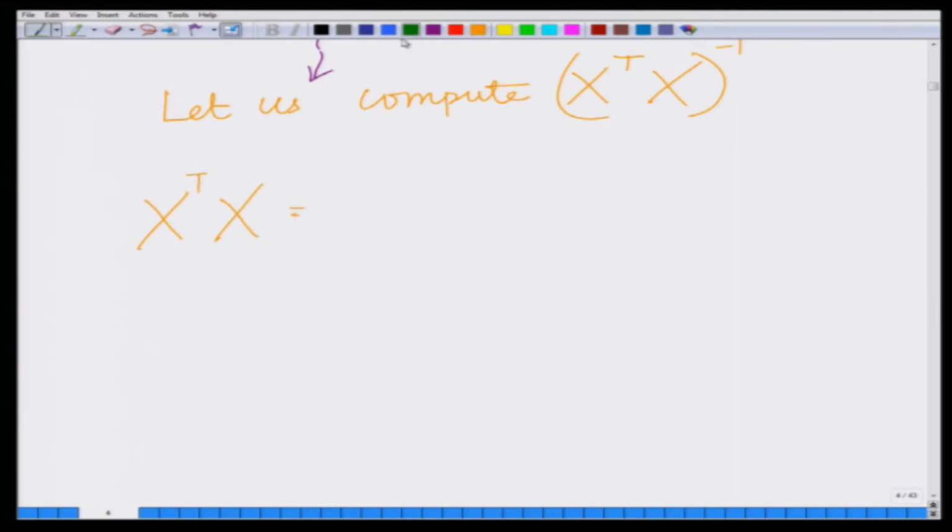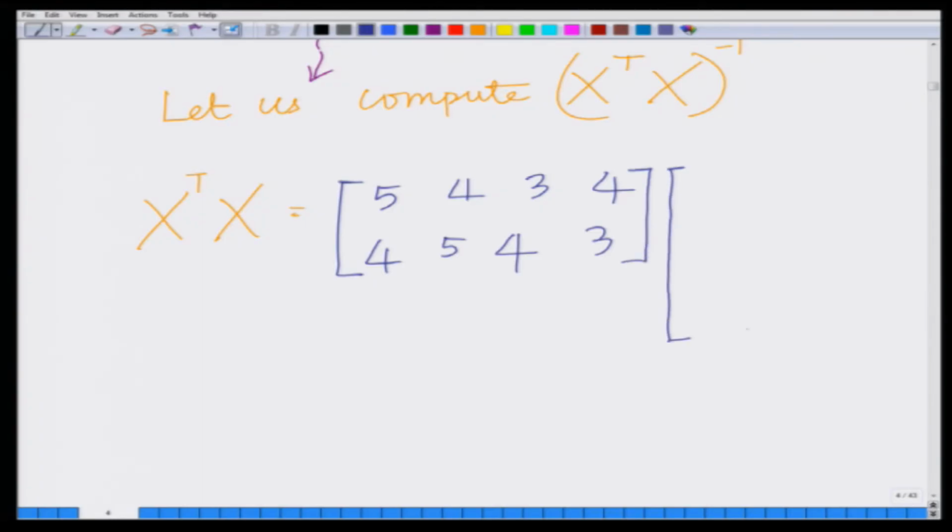X transpose is the transpose of the pilot matrix, that is equal to 5, 4, 3, 4, 4, 5, 4, 3 times 5, 4, 4, 5, 3, 4, 4, 3.